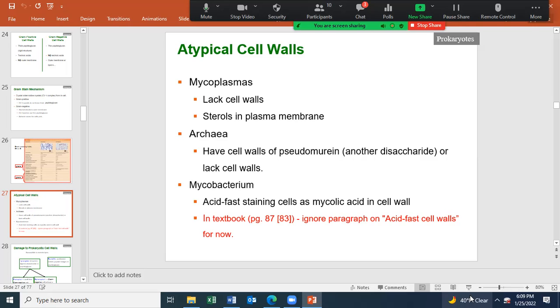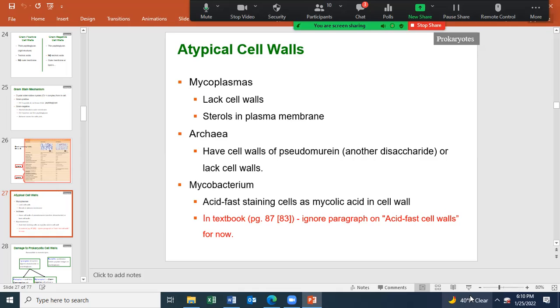The cholesterol in our plasma membrane helps give strength to the plasma membrane. Well, the mycoplasmas don't have cholesterol, but they have another sterol in the plasma membrane, and it does the same. It helps give strength to the plasma membrane.